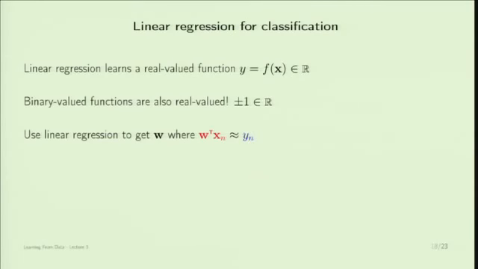Now, having done that, with yn equals +1 or -1, you take the sign of that signal in order to classify as +1 or -1. If the value is genuinely close to +1 or -1 numerically, then the chances are when it's +1, this would be positive, and when it's -1, it's negative. The chances are you're getting close to a number, you'll probably cross the 0 in doing that, and if you cross the 0, the classification will be correct.